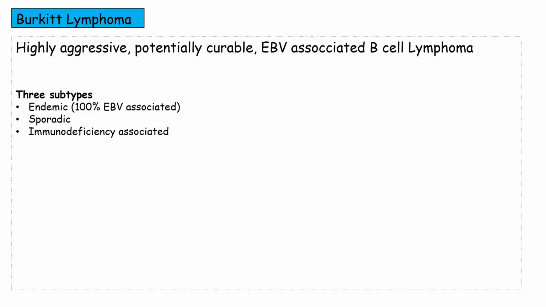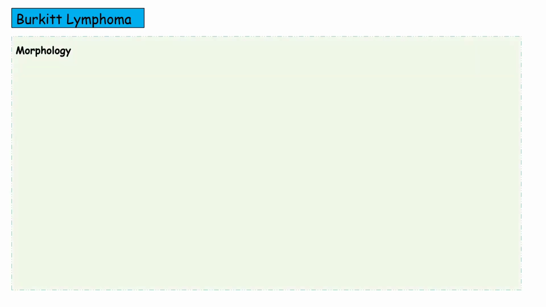So we can classify them as EBV associated and non-EBV associated as well, but it is just a proposed classification and not accepted by WHO yet. So as for now, we have three subtypes: endemic, sporadic, and immune deficiency associated.